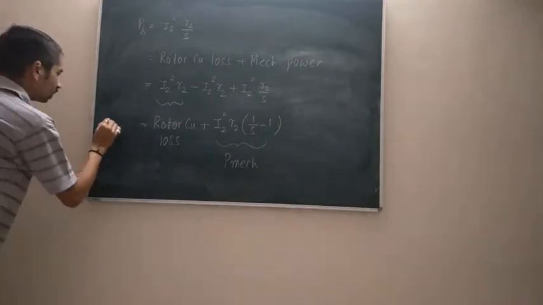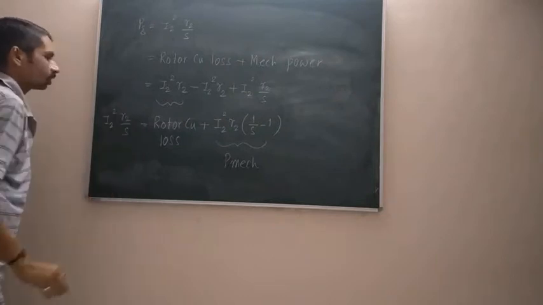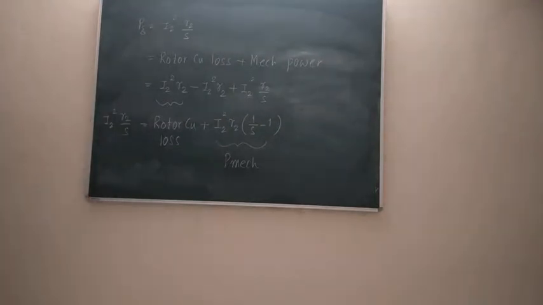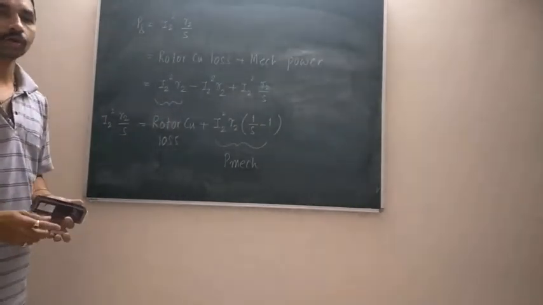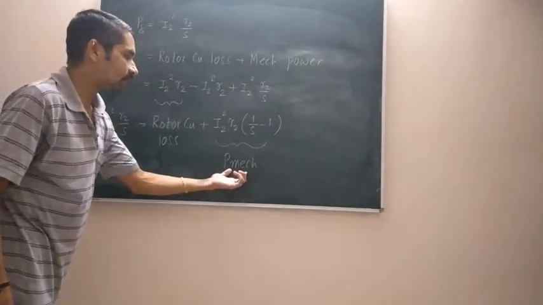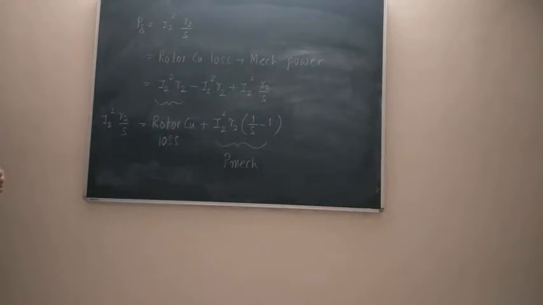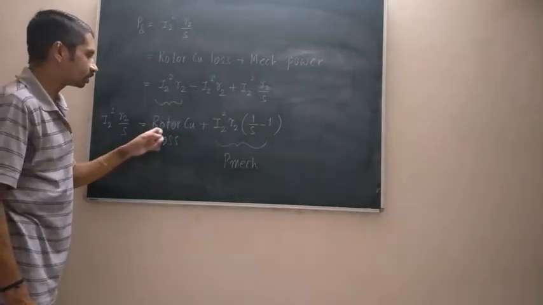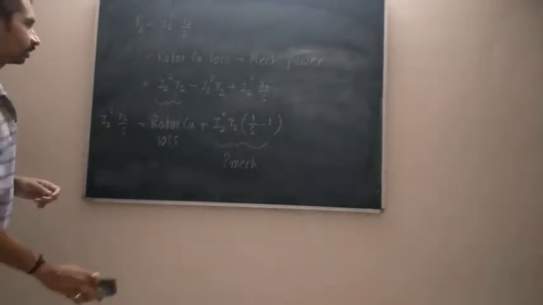And what is there on the left hand side? It is the original expression for my air gap power, that is I2 square R2 upon S. So now I am in a position to find an expression for rotor copper loss in terms of this air gap power, as well as the expression for the mechanical power in terms of this air gap power.